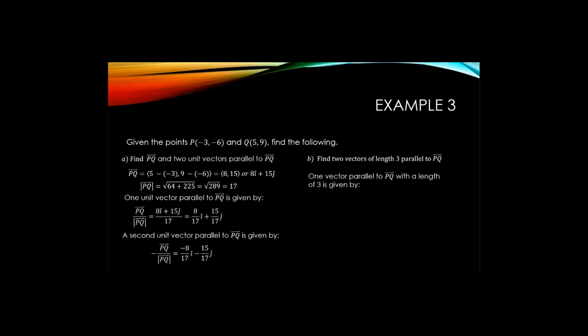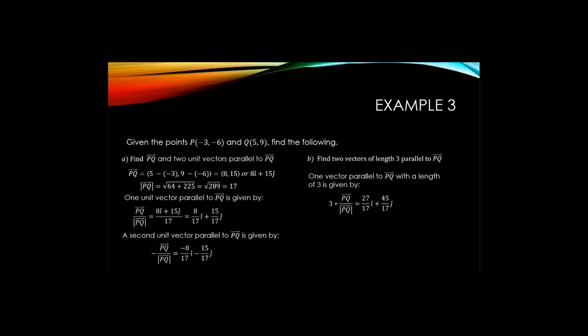Now I want to find two vectors that have a length of 3 that are parallel to PQ. Sticking with my theme of keeping things simple, I'm just going to recognize that one vector parallel to PQ with a length of 3 will be given by multiplying my unit vector that we just found by 3. 3 times my original unit vector gives me 24/17 i hat plus 45/17 j hat.